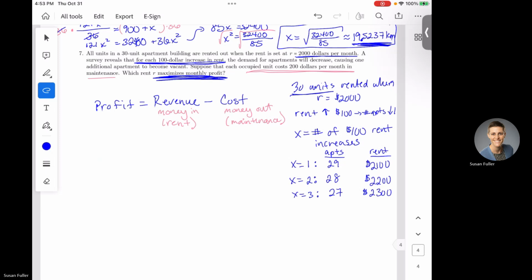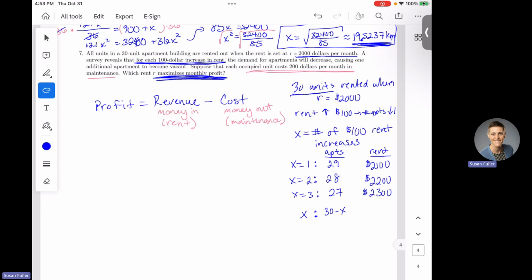Okay, so what if I just have X as X? I'm going to increase the rent X number of times by $100. So that means I'm going to lose X apartments because I increased the rent X times. So I'm going to have 30 minus X apartments left. That should make sense with everything that we've done here.